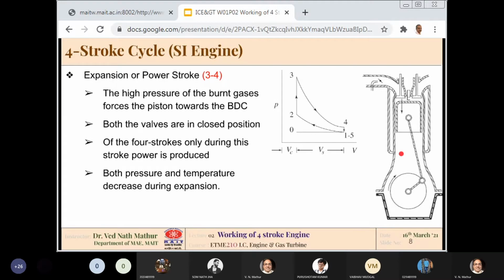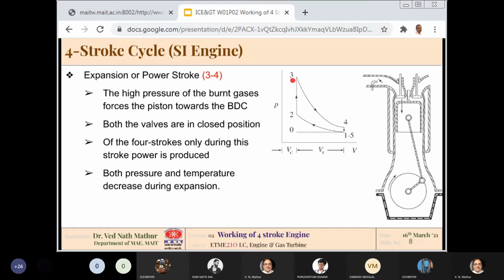So even a fraction of that 12 milliseconds, even a 2-3 millisecond duration, even then this line cannot be vertical. Since the piston is not stationary, it's continuously moving, you cannot have a vertical line for the combustion process.